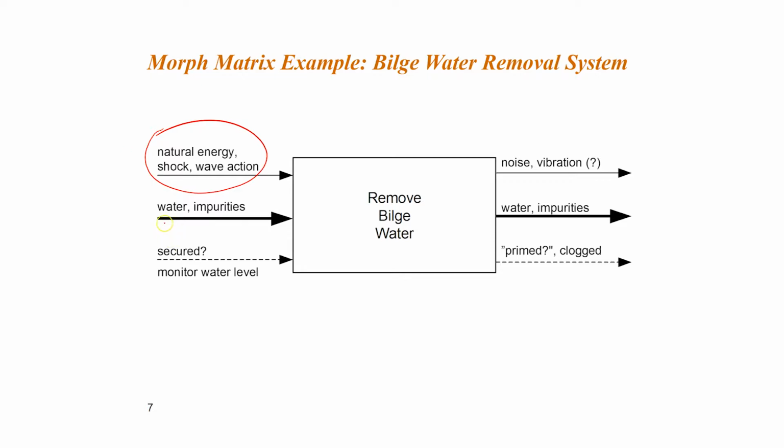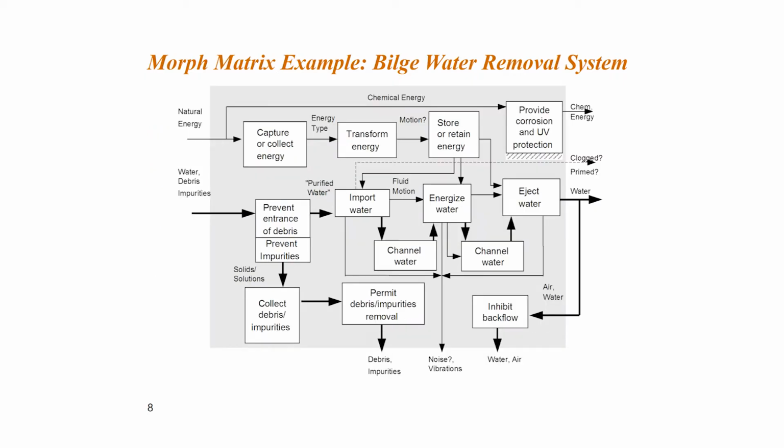And then, of course, the important things, water and impurities that enter the device and then leave it, etc. And what you'll see is we'll actually use in this example, the morphological matrix will include different ways to capture energy that will be based on different types of environmental energy that can be harvested.